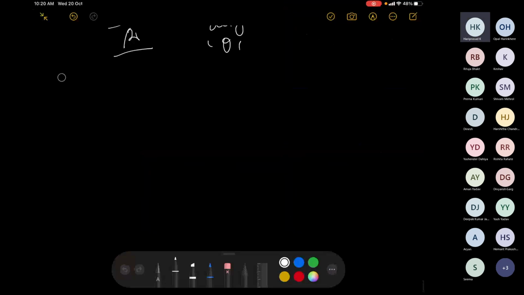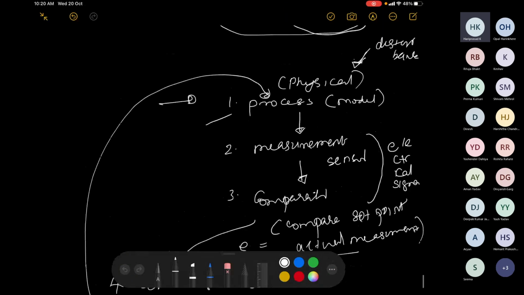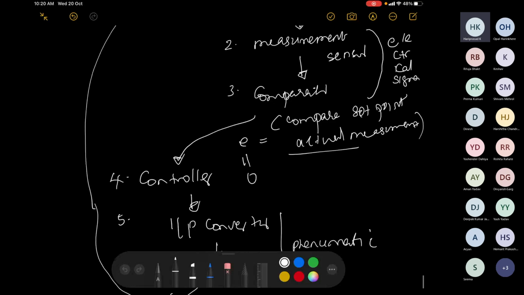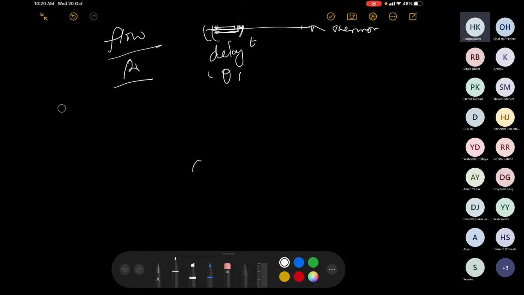Look at where you are keeping your controller. Look at this whole diagram. The measurement sensor is going to the comparator, and the comparator is going to the controller. In the comparator, you are comparing with the actual signal. So let's say how it works. Okay, so this is your comparator and this is the controller.